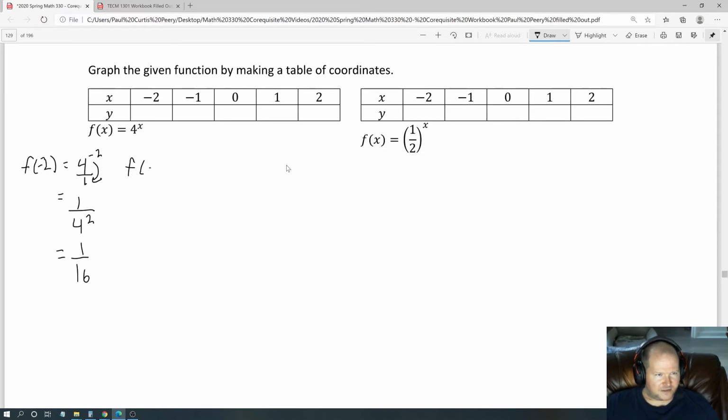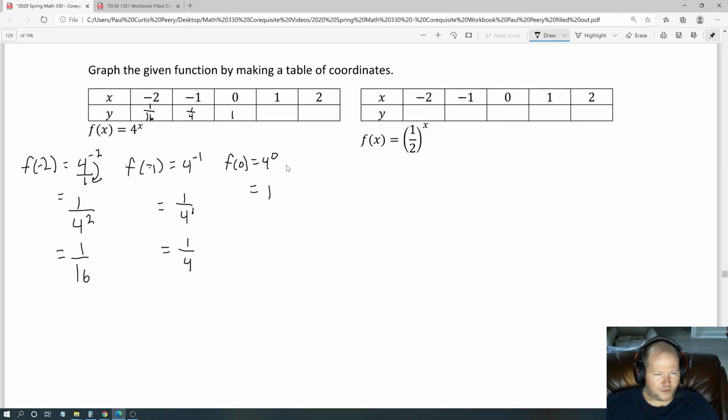Then we do the negative 1, which is the next one. So we're going to say 4 to the negative 1, which is the same as 1 over 4 to the first power, which is just 1 over 4, right? So we would do this one as 1 over 4. Okay, and then we do 4 to the 0, which is equal to 1.